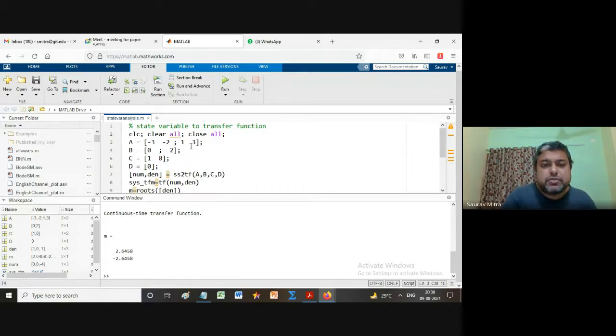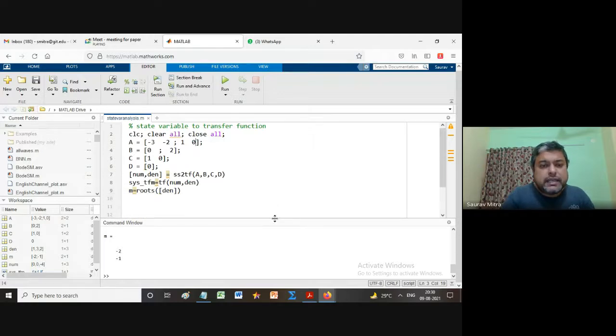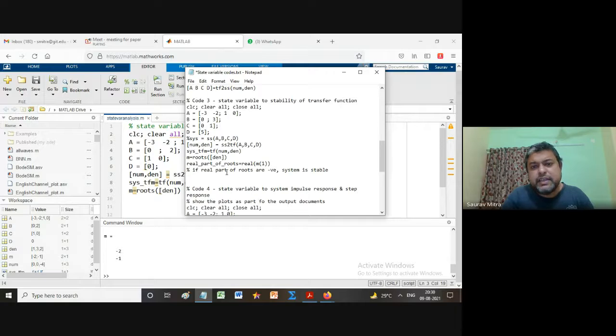So minus 3 minus 2 1 0 was the proper case, because this, as I just told you, is actually the controllable canonical form. So this will give me a stable response. So this was the first code, and I have done code number 3 there also.